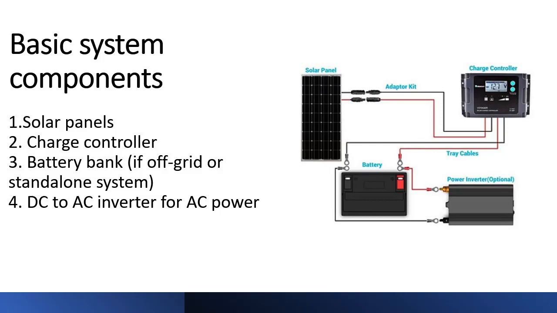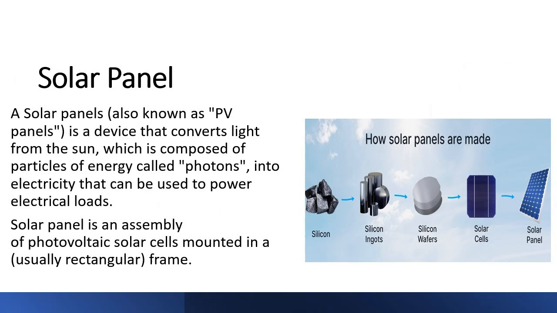Number 3, battery bank, if off-grid or standalone system. And number 4, DC to AC inverter for AC power. Basically, a solar panel is a device that converts light from the sun, which is composed of particles of energy called photons, into electricity that can be used to power electrical loads.